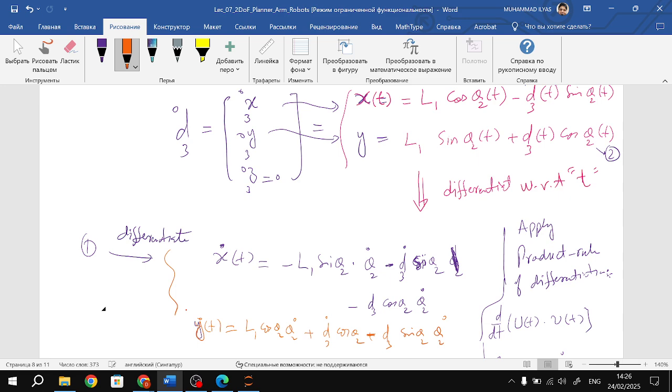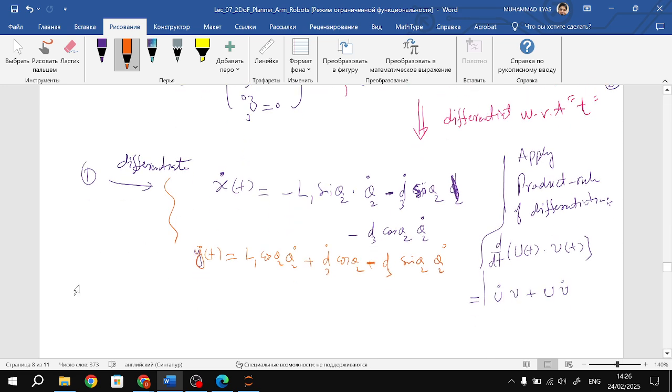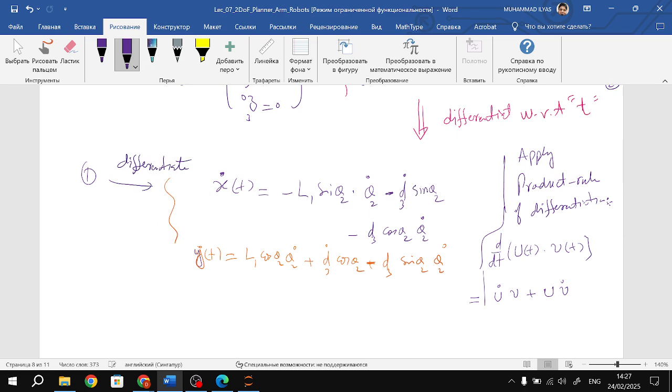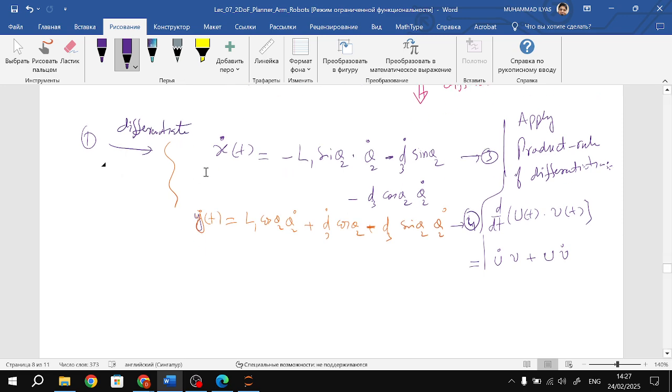Good. So these two equations we get by differentiating equation number 1 and equation number 2. Clear? So let's say this is equation number 3 and equation number 4.